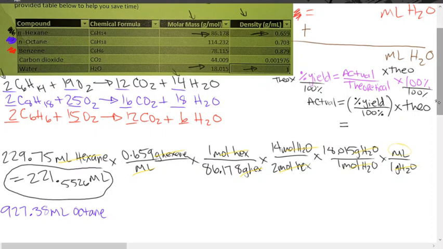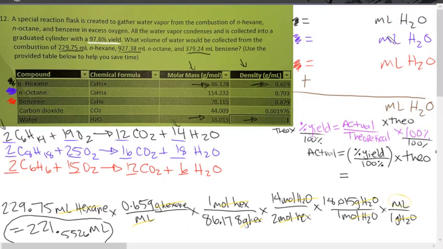Once we get all of the amounts that we have, we're going to add them together to get our total or theoretical amount. And then we're going to use this formula right here. It's percent yield equals actual divided by theoretical times 100. So it's the stuff right here in the pink. All I did was show you the quick algebra to rearrange it to find out what our actual yield is going to be.